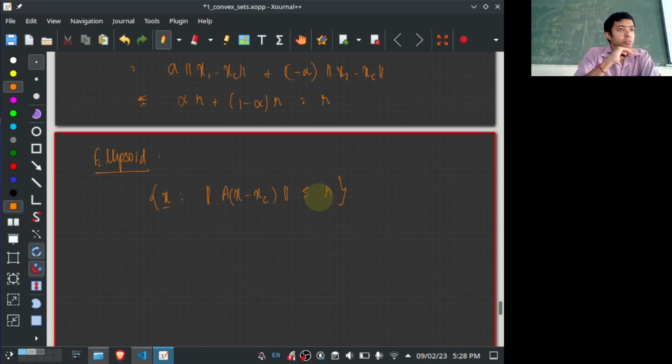A more general way, and sometimes a more useful way, of looking at this is in the following manner.